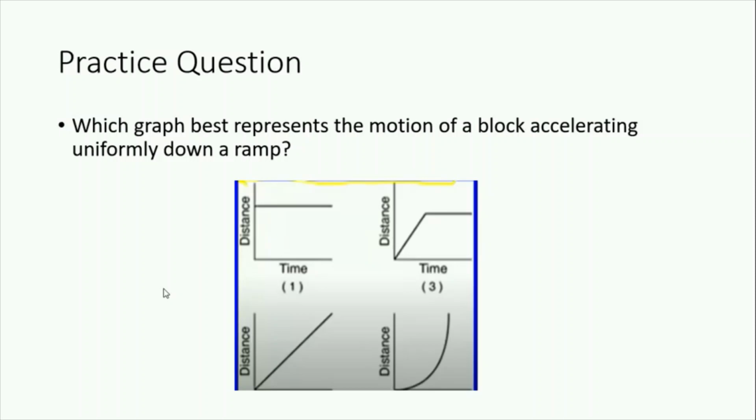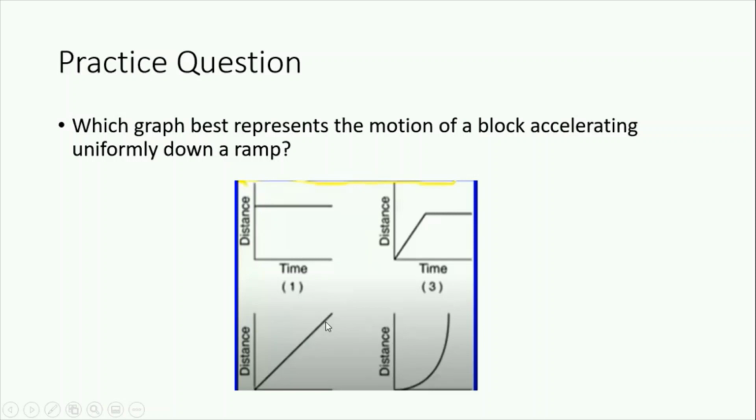All right, good, you paused it. Now we're going to go through it. So our number 1 graph, what that one's showing us is it's staying at the exact same location. It's not changing, it's just staying in one spot. So that one is not accelerating because it's not even moving. Our graph number 2, the distance is changing over the same interval. So we've got a nice straight line, which means we have a constant velocity.